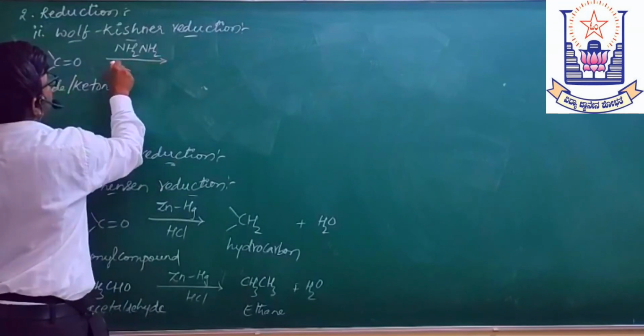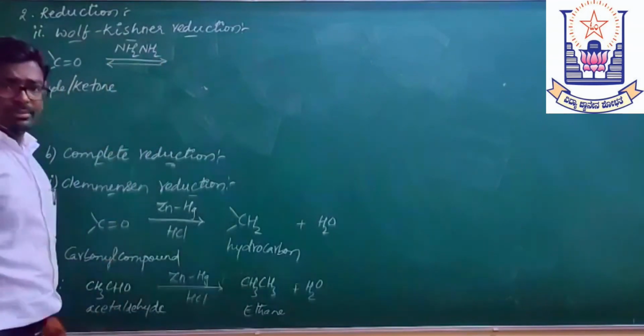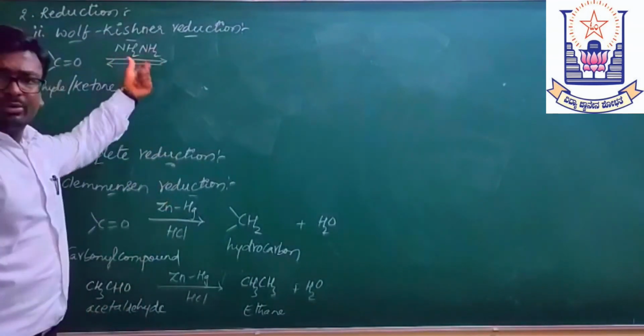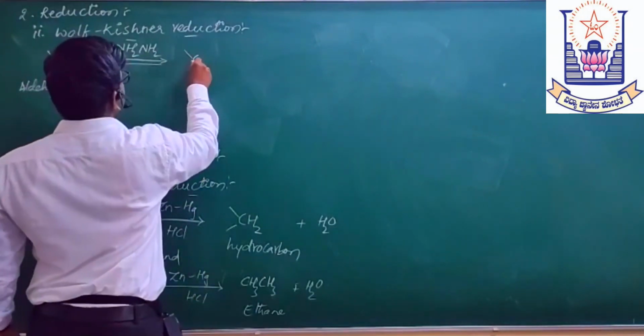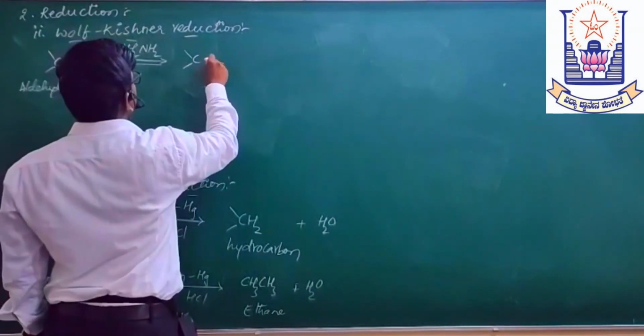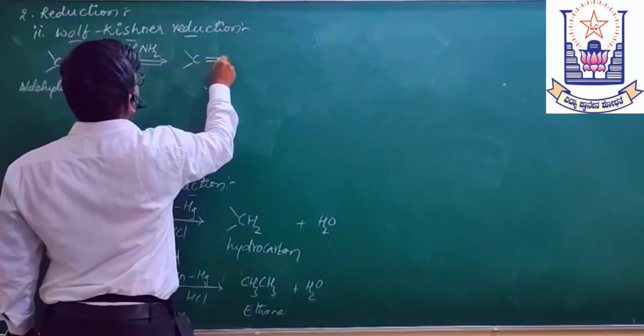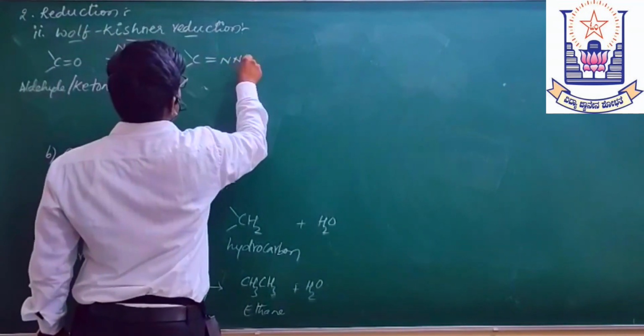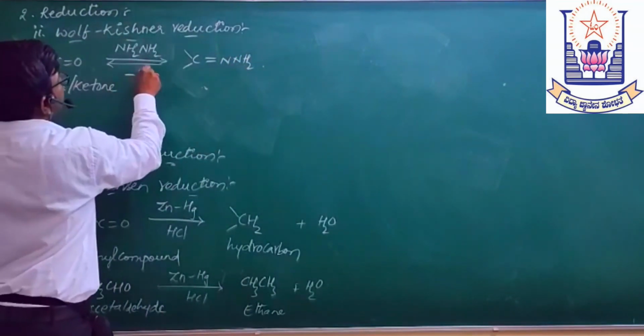You know that it is a reversible step; this is an ammonia derivative. You will get C double bond N NH2 with the release of H2O.